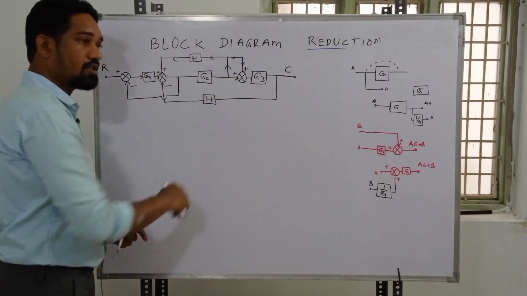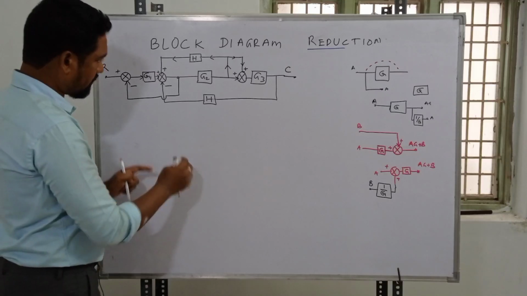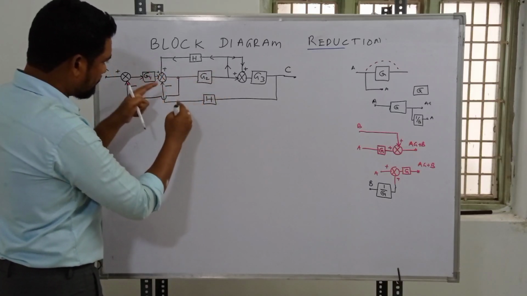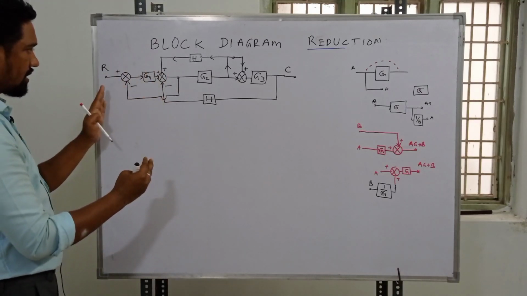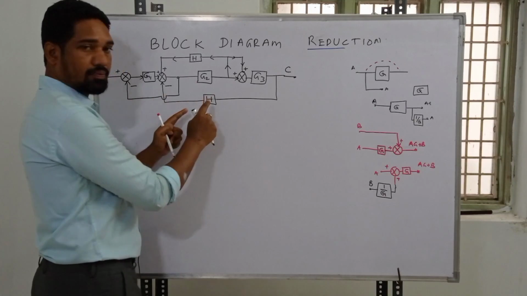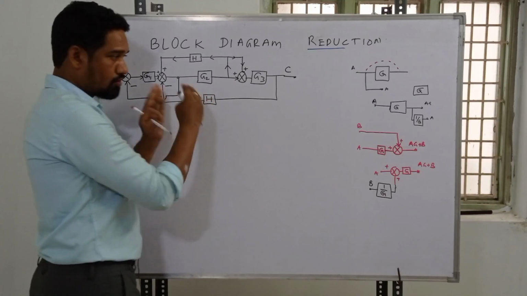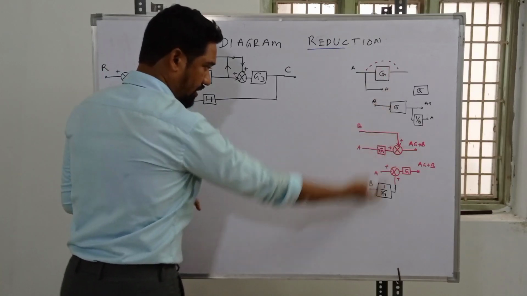That is repeatedly used. Why? Because the expert says to shift all the summing points to the LHS, and whatever takeoff points exist in the block diagram to the RHS. So majority of times we come across this again and again.